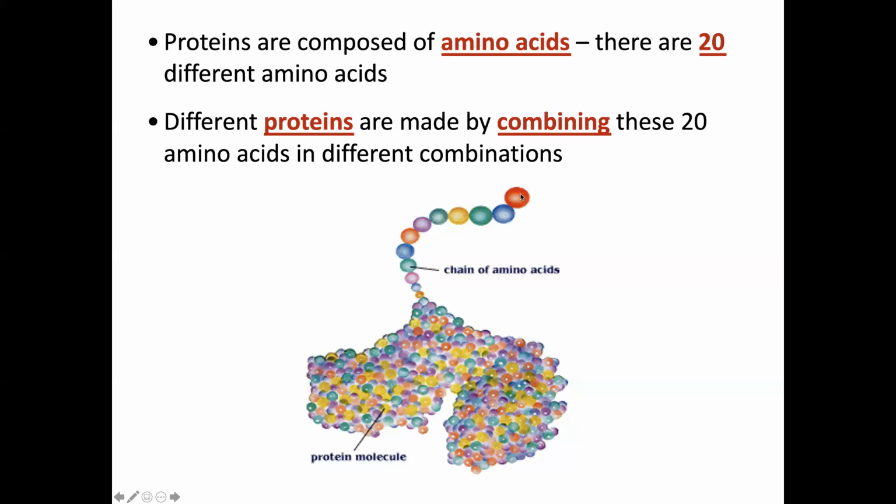For example, this chain of amino acids or residues is the sequence of this protein. We call it the first order structure. First order structure means the sequence. Once the sequence is determined, the protein usually folds into a specific structure.